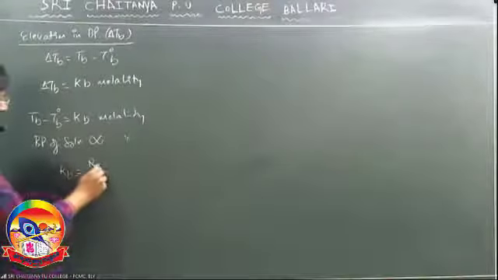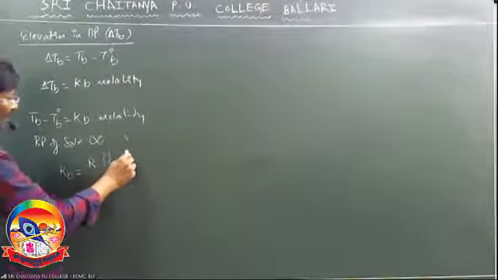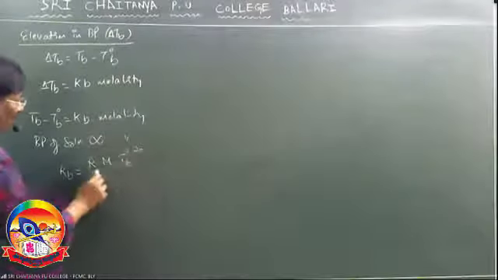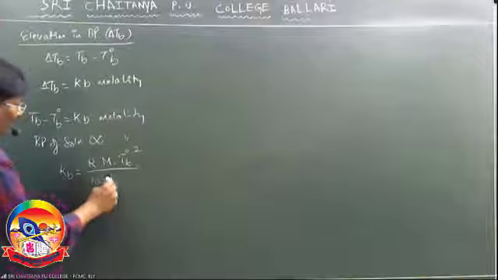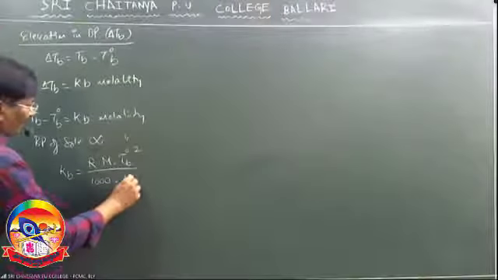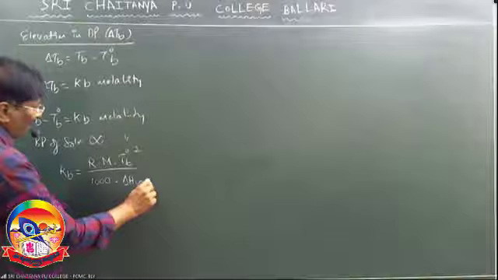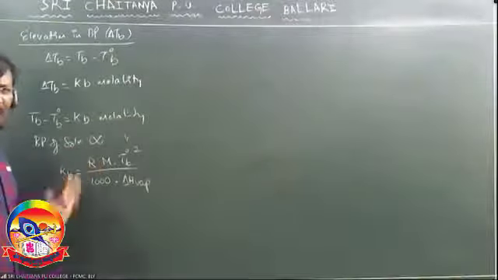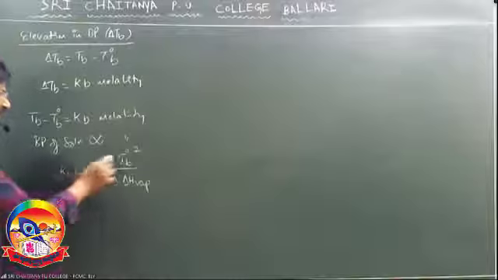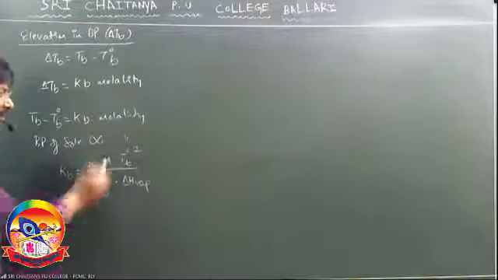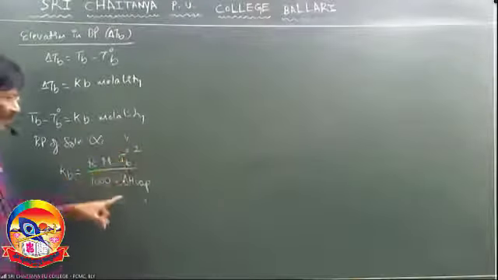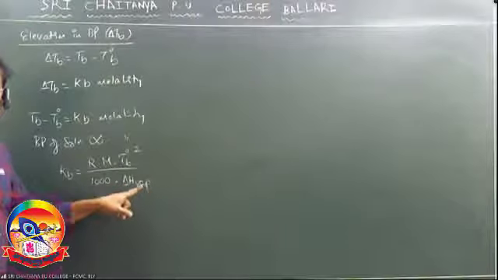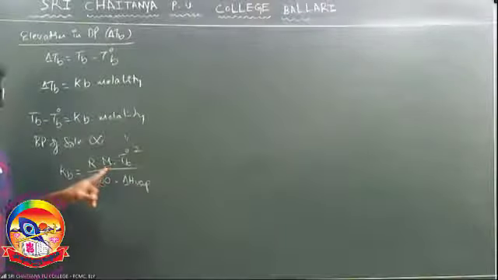Now, for KB, one formula was given: R, M, then T naught B square by 1000, then delta H vaporization. Please remember here, R is constant and molecular weight is also constant. So KB is related to T naught B square, the boiling point square, and delta H vaporization, the molar enthalpy of vaporization.